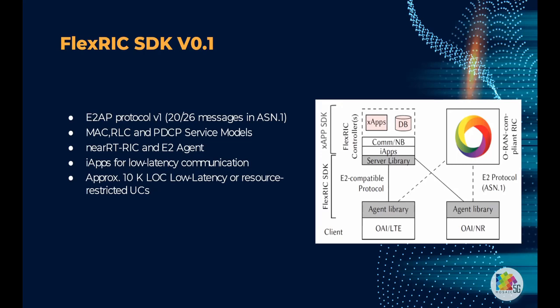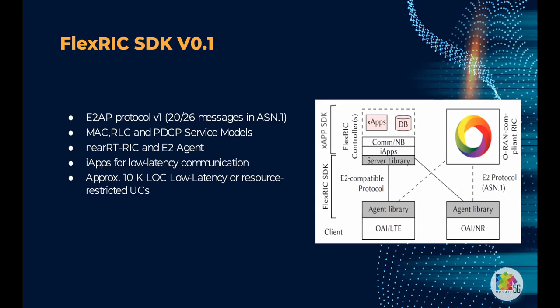And then on the top, we also define the xApp SDK. So there is one SDK, software development kit, which helps you to set up the E2AP related protocol. And there is another SDK which helps you to set up the xApp iApp framework. So these are decoupled from each other.